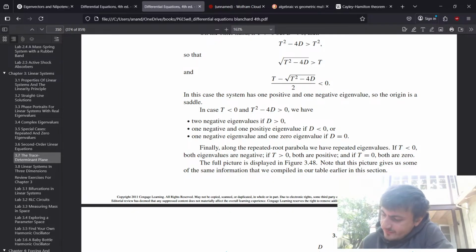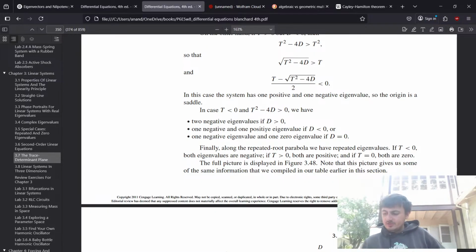Okay, so if t is less than 0 and t squared minus 4d is greater than 0, we still have real eigenvalues.